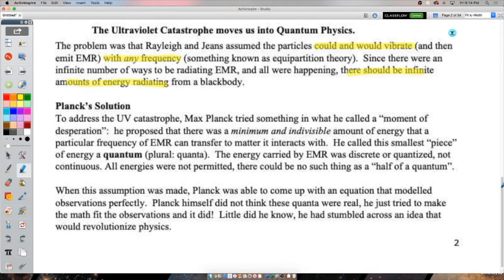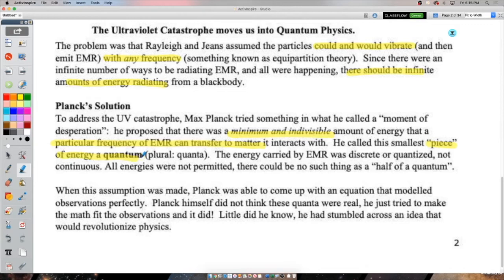Planck proposed that there was a minimum and indivisible amount of energy that a particular frequency of EMR can transfer to the matter it interacts with. A minimum piece of energy. He called this little piece of energy a quantum. And more than one quantum is quanta. What he was doing was saying, okay, maybe it can't have any old frequency.